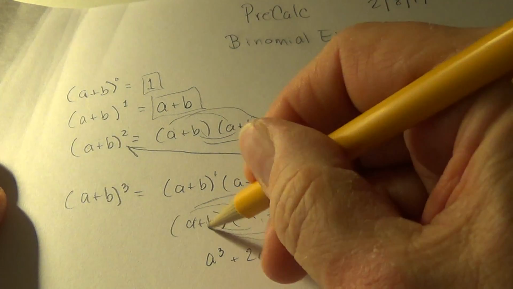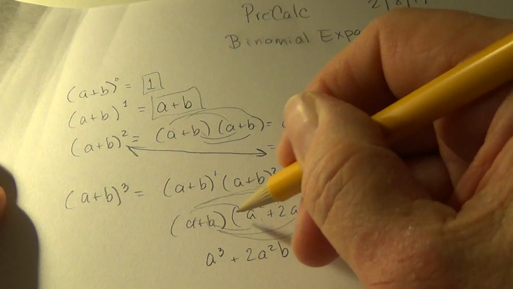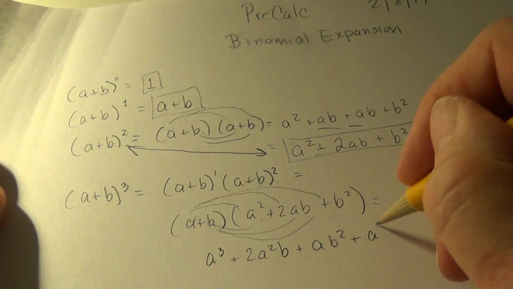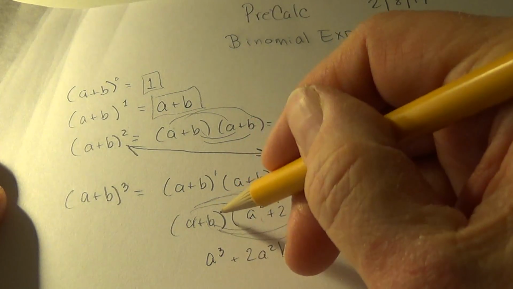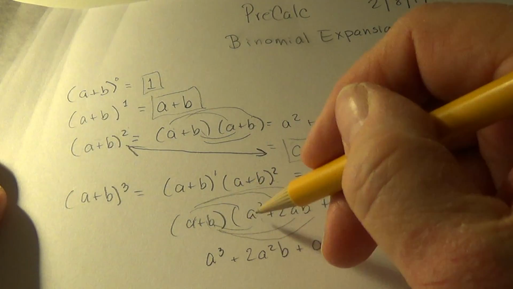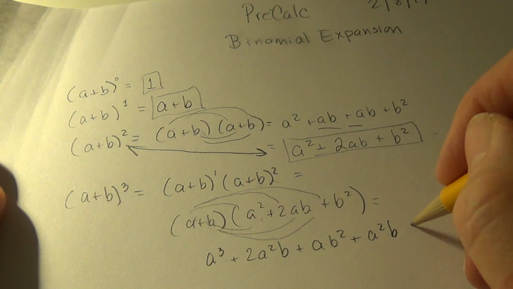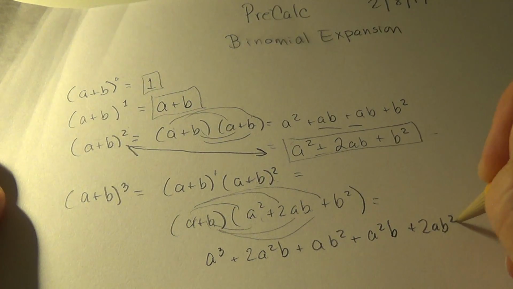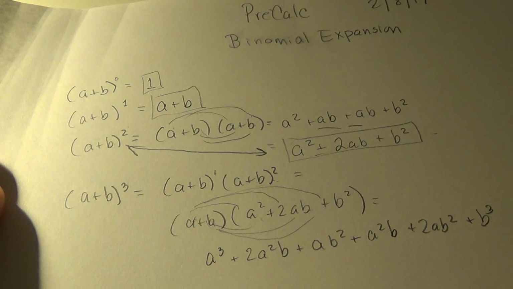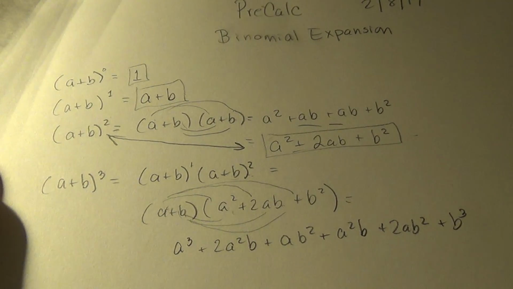I am going to write b times a squared as a squared b. 2ab squared and b cubed. Alright, so now we can combine like terms.